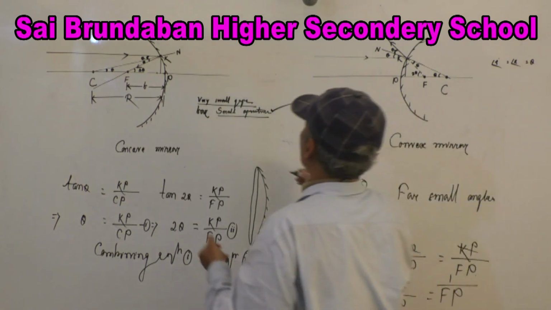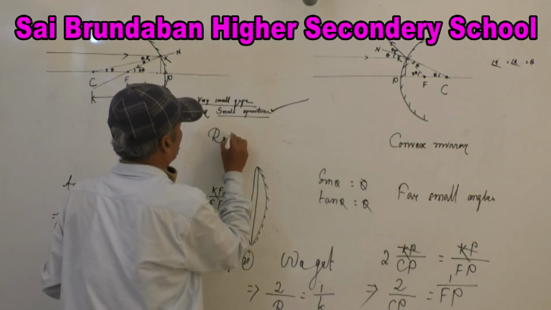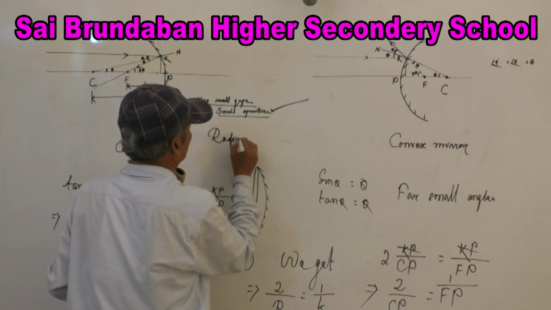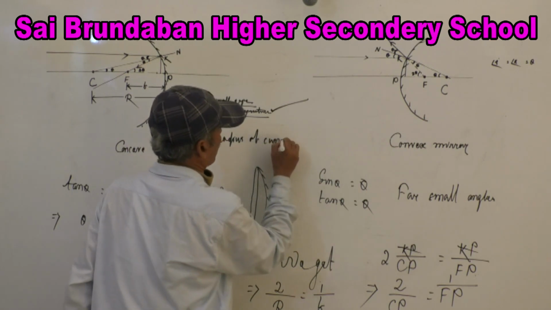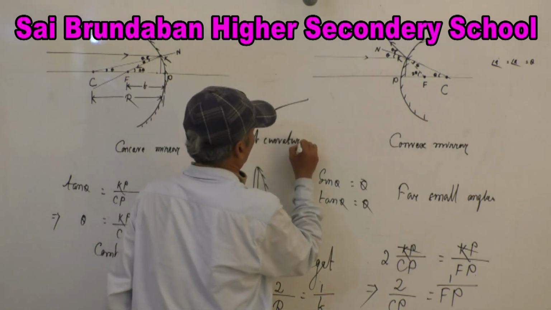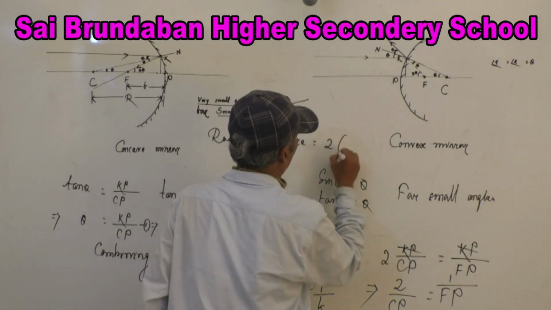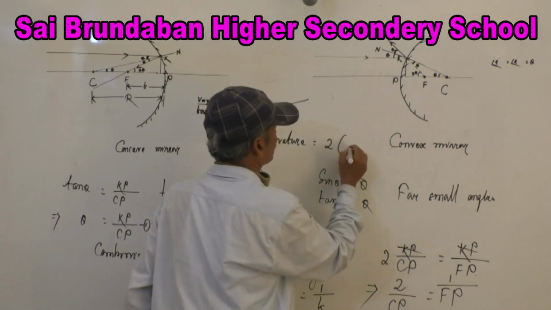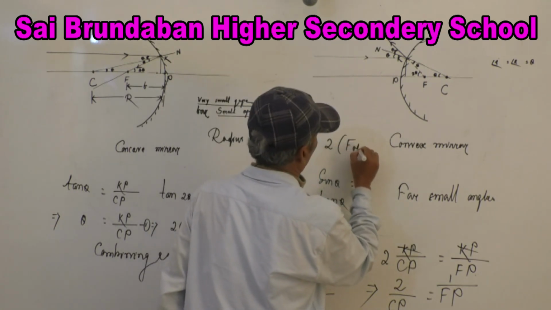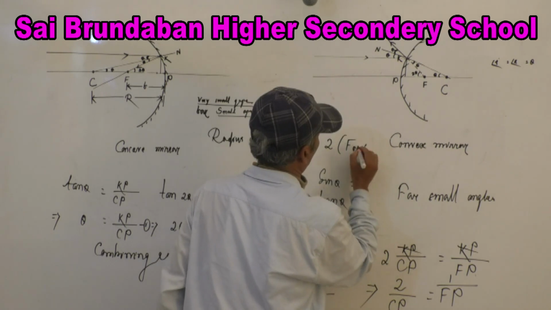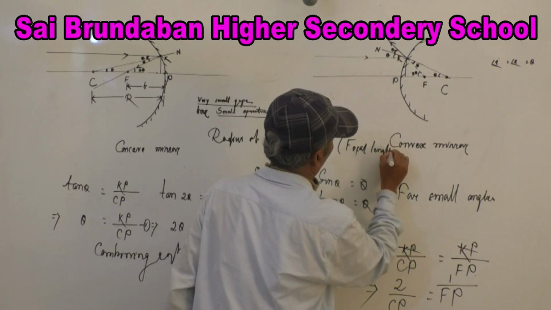So finally we got a radius of curvature is equal to 2 times focal length.